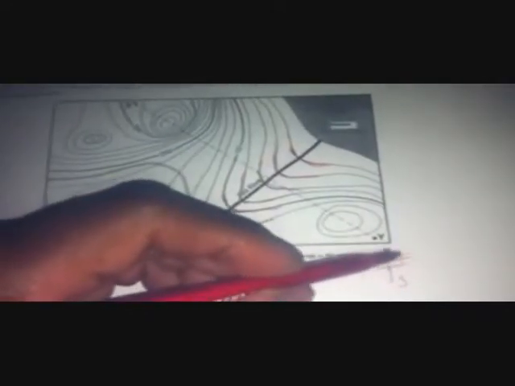So here we know that the river is flowing in this direction. We should also know that the contour lines are going to point in the opposite direction. So, for this example, the river is flowing in a northeasterly direction, in this compass direction, northeast.